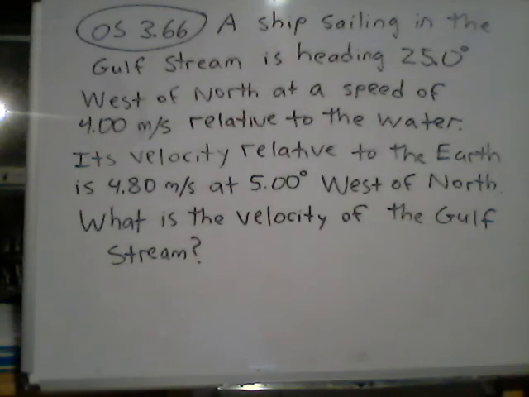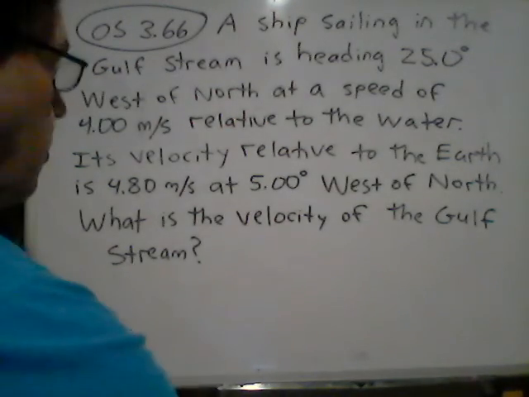So basically that's the speed of the ship relative to the water, and its velocity relative to the Earth is 4.80 meters per second at 5.00 degrees west of north. What is the velocity of the Gulf Stream? Again, that's the water with respect to the Earth. So essentially we have the velocity of the ship with respect to the Earth, the velocity of the ship with respect to the water, and the velocity of the water with respect to the Earth.